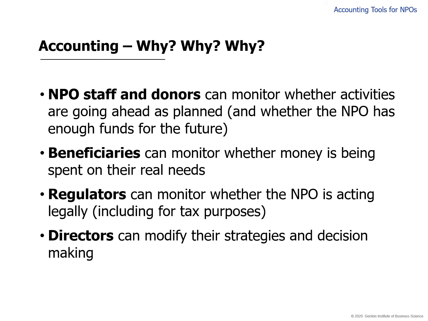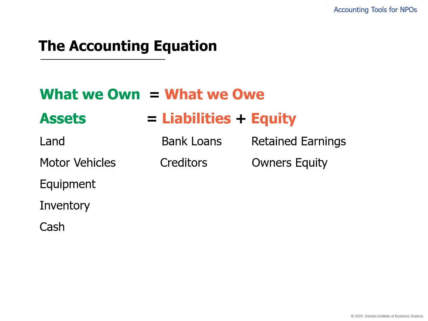And so, having built the case for good accounting practice, we can look at the heart of all accounting practice, which you've probably seen at some stage in your life, which is the accounting equation.